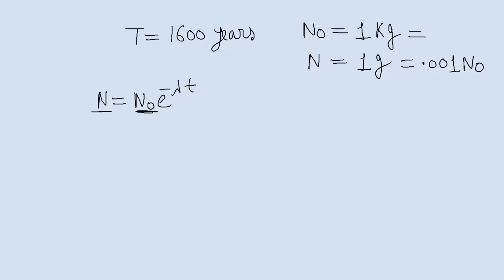This lambda we can find out from the half-life value T, because lambda is equal to 0.6931 divided by 1600.